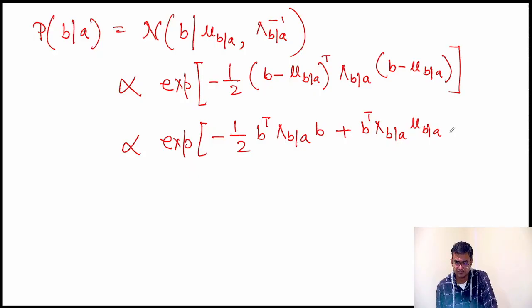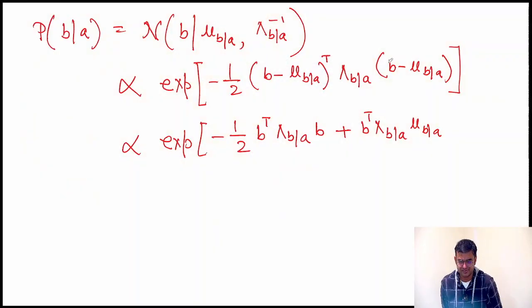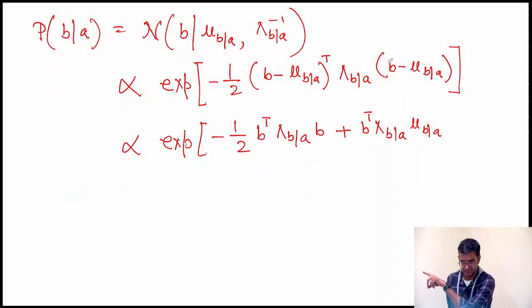Anything else? The other thing will be mu B given A transpose lambda B given A times B, but you just switch it, it will become the same thing, and that's why the half is missing. Both are negative terms, so negative of negative becomes positive. So the sign is positive because it was minus, and the half is missing because two similar terms come and I have added them. Plus constant is there, I am not writing. Okay, clear?